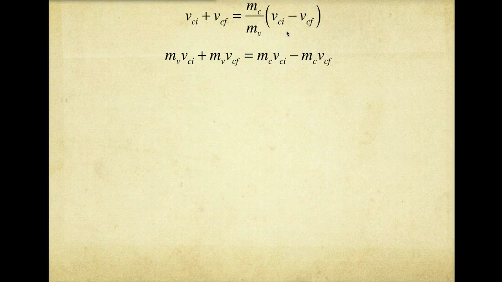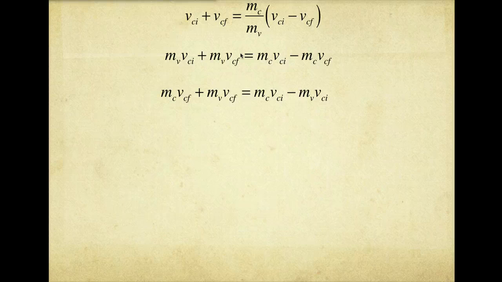Now what I'm going to do is rearrange this so I can have velocity of the car, initial and final, on different sides. So if you look over here, I have velocity of the car final here with a plus, and velocity of the car final here but with a minus.